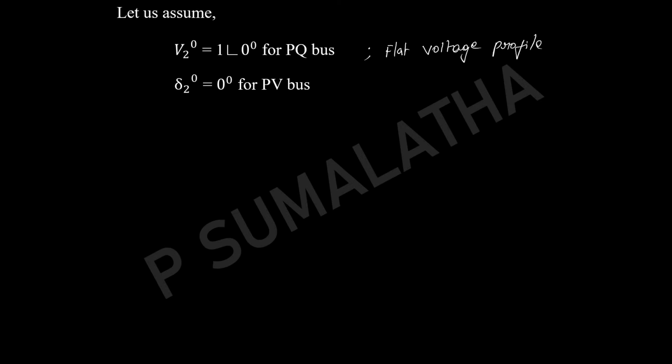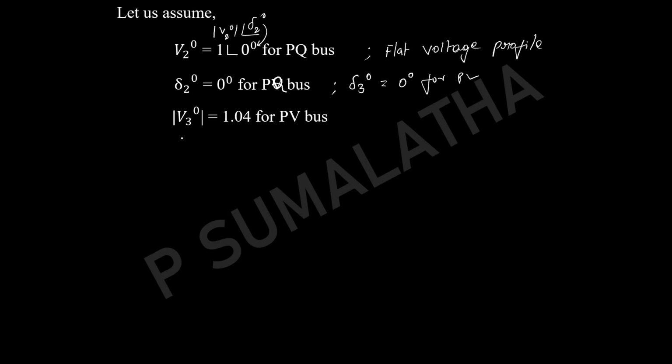Actually, this represents mod V2 0 at an angle del 2 0. Here I have taken del 2 0 equal to 0 degrees. This is for the PQ bus, not for PV. Similarly, for the PV bus also you won't know the del value, so del 3 will also be equal to 0 degrees.